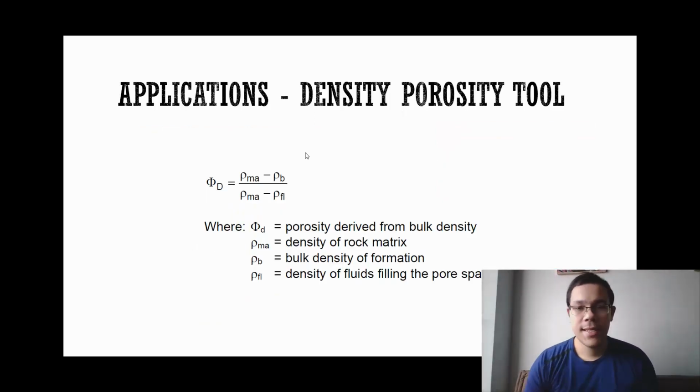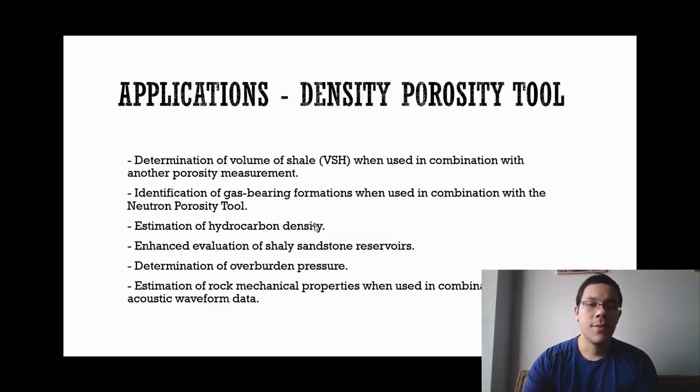Now, why run a density porosity tool? To get formation porosity that we will use to solve Archie's equation and get water saturation. And these are other applications: determining the volume of shale, identifying gas-oil formation. Another comment is that this tool is always run with a neutron porosity tool, like 99% of the cases.